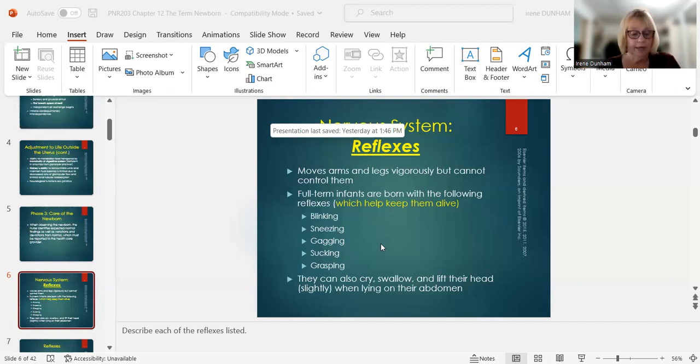So if I ask you a question based on this, such as, the nurse is aware that a full-term infant is born with which reflexes? Now, this is one that says select all that apply. This comes right from the slide.